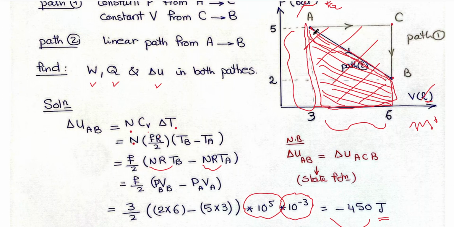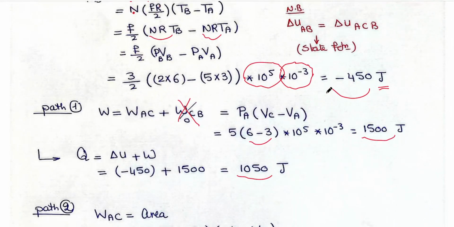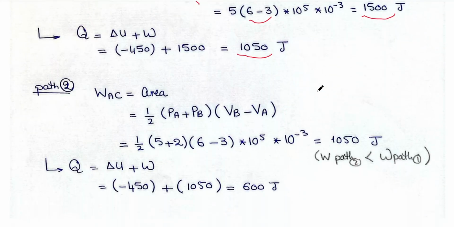To calculate the area of a trapezium, we take half of this height plus this height, multiplied by this width. So I will write it as half, pressure A plus pressure B, times VB minus VA. After substituting and putting the conversions, I will get the value of the work.